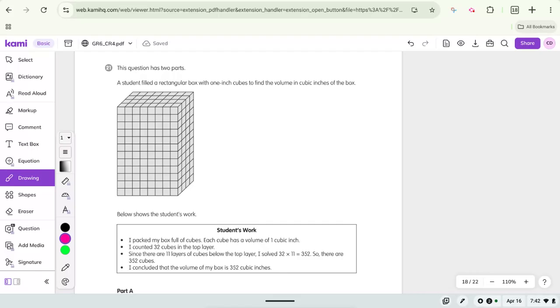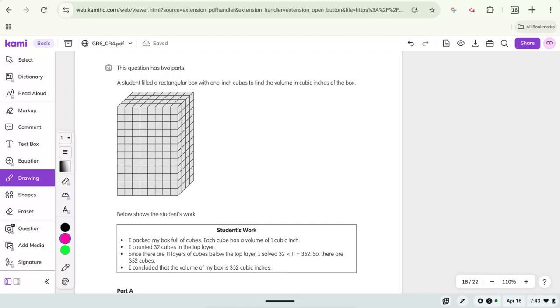I counted 32 cubes in the top layer. Since there are 11 layers of cubes below the top layer, I solved 32 times 11 equals 352. So there are 352 cubes. I concluded that the volume of my box is 352.